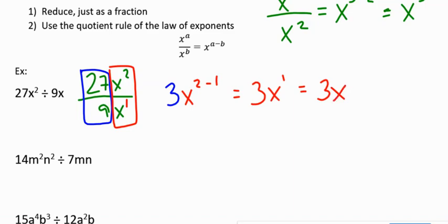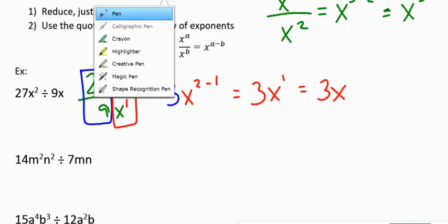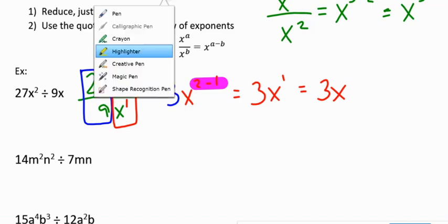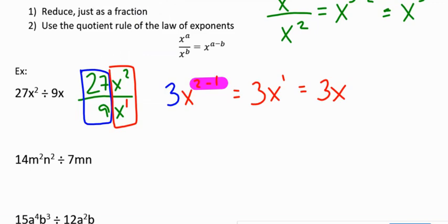Okay? So it's really up to you how in-depth you want to get with your work. A lot of students don't write this step down right here, that 2 minus 1. They just do the 2 minus 1 in your head, and that's fine. If you're kind of rocking through these and getting them right, don't worry about writing it down. But if you're getting one wrong for every 5, say, when you're practicing on IXL, I strongly encourage you to write down all the steps.